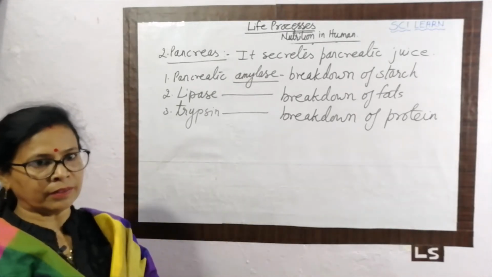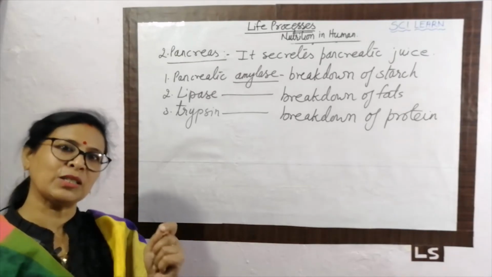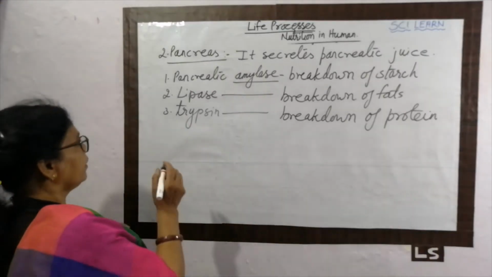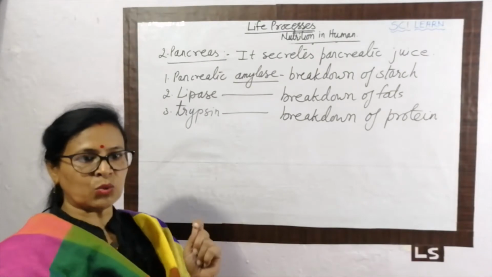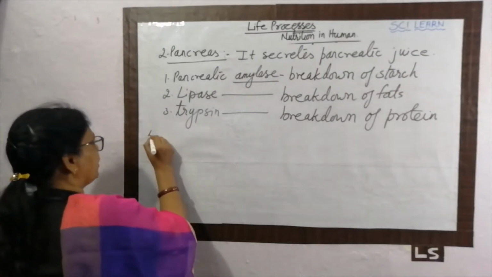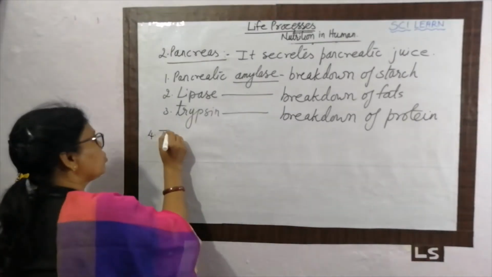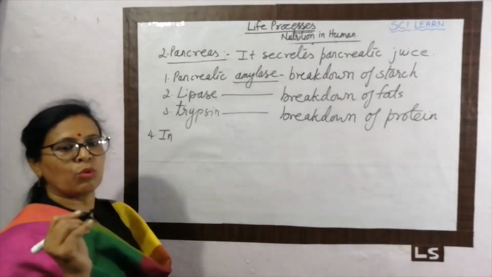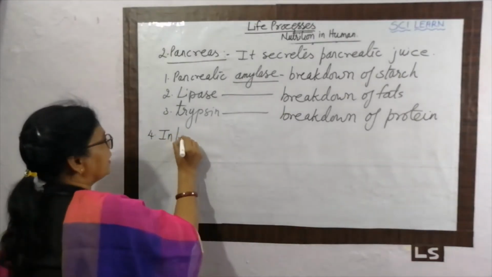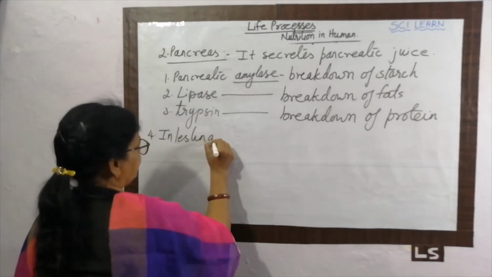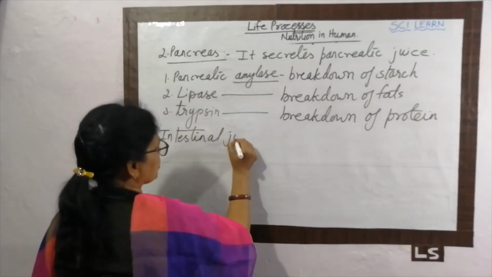Before completion here, some juices are secreted by the small intestine also. Already we have given the 3 points. This is the 4th point. The juice that is secreted by the small intestine is called intestinal juice.